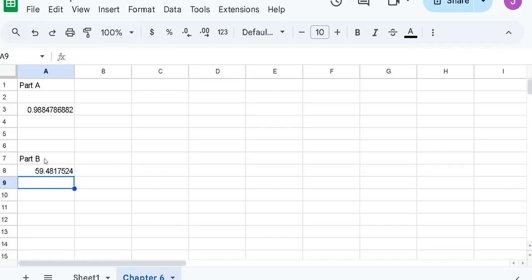Thank you. 59.481. Now, if it matters to me exactly how many decimal values you give me, then I'll probably specify it for you in the problem. Otherwise, just give me a reasonable amount. That's fine. I can't complain if I don't specify it.